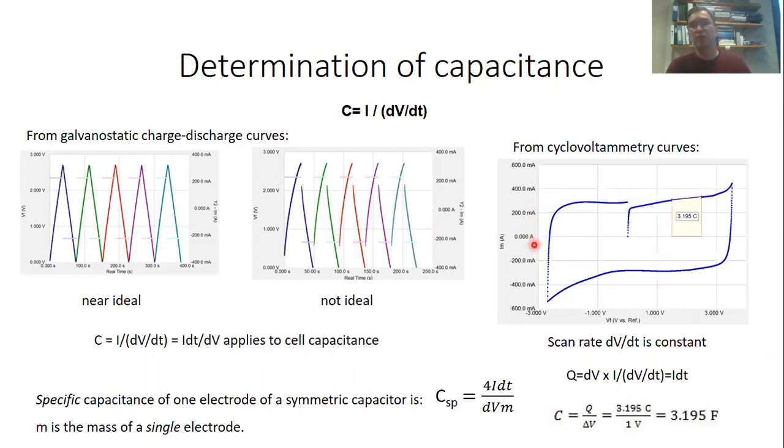So in this example here, our current flows at a rate of 200 milliamps, okay, and keeps approximately constant. Now, as we scan in the opposite direction, we will have approximately the same current, but flowing in the opposite direction at 200 milliamps, until we have gone back to the original voltage.